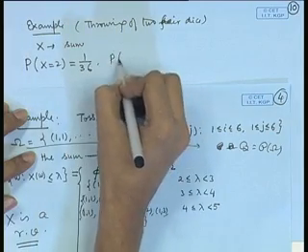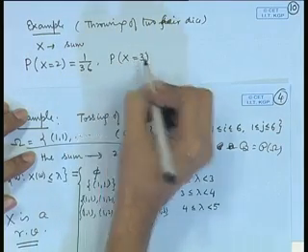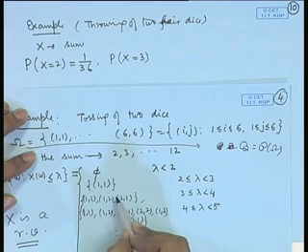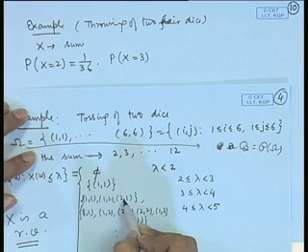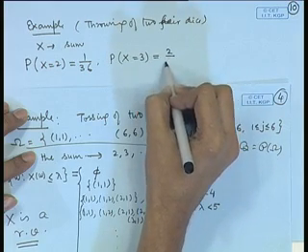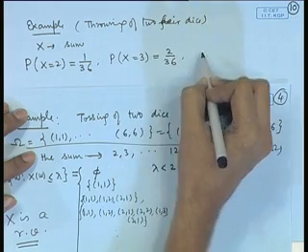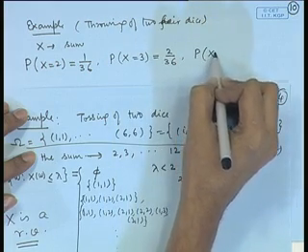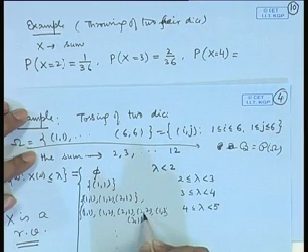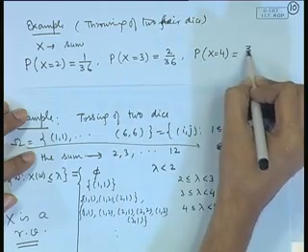If we look at probability of X equal to 3, then there are two outcomes 1 2 and 2 1, which correspond to the sum being equal to 3. Therefore the probability that X equal to 3 will become 2 by 36. If we look at X equal to 4, then we will have favorable outcomes as 2 2, 1 3 and 3 1. There are three possible outcomes.